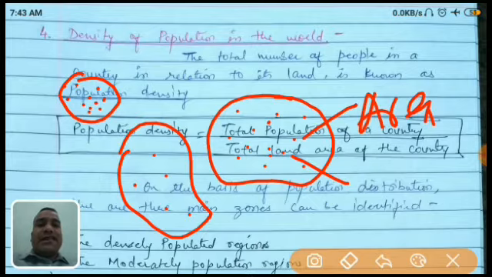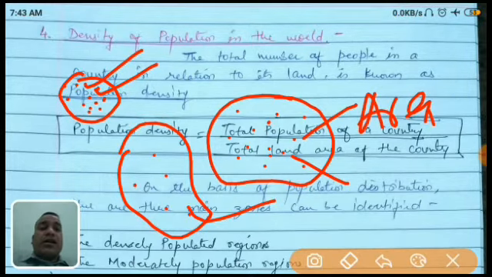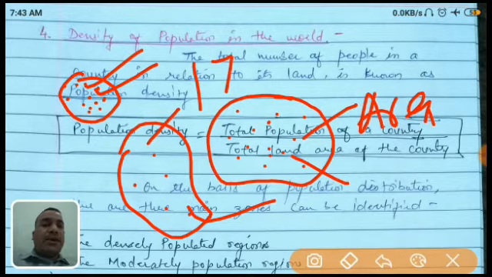If I give an example, in India, Bihar and UP are very highly densely populated areas. And Arunachal Pradesh has a very low population density, only 17 people per square kilometer. Remember, we always measure population density per square kilometer.